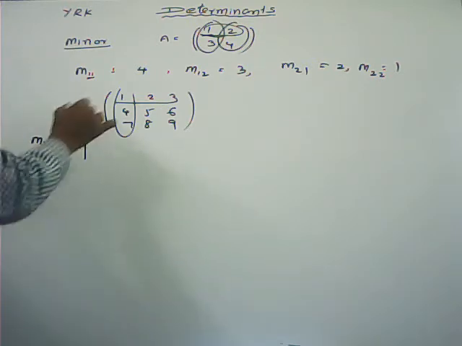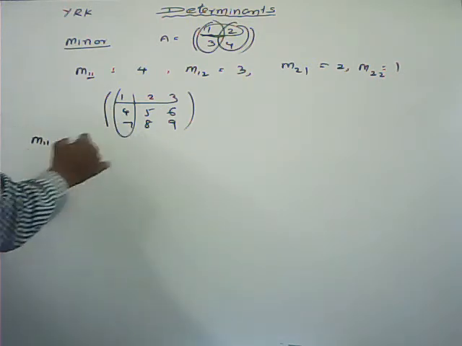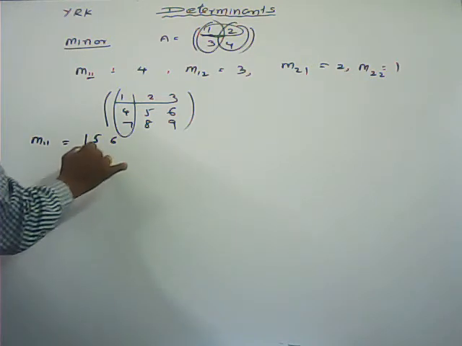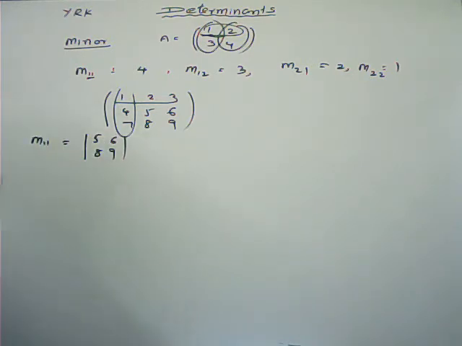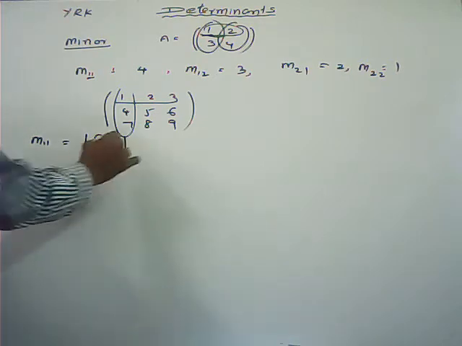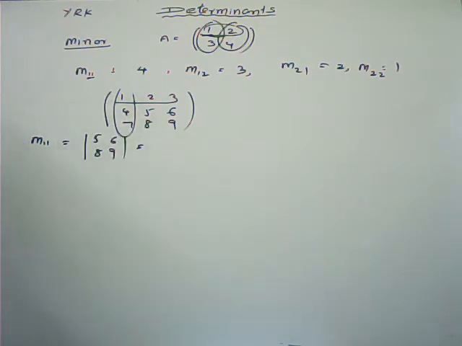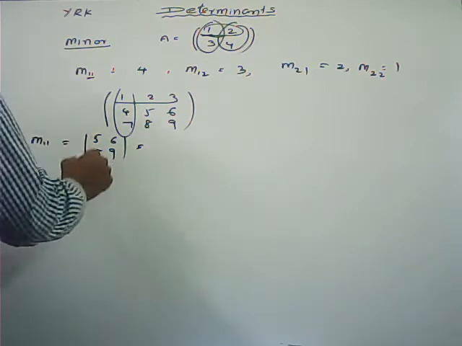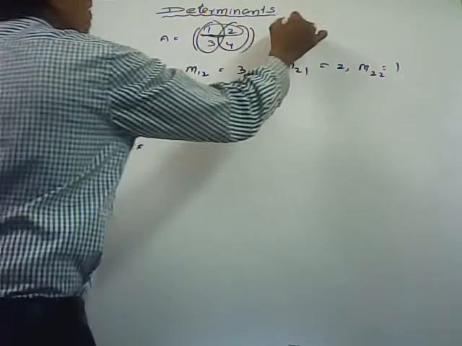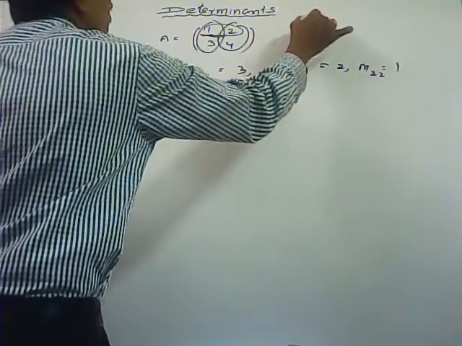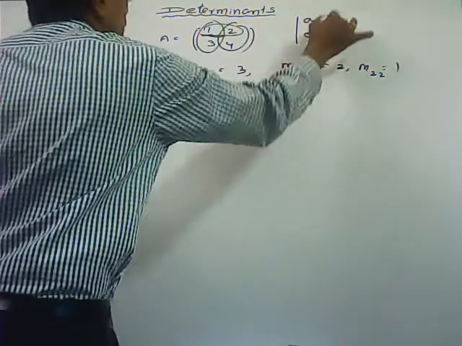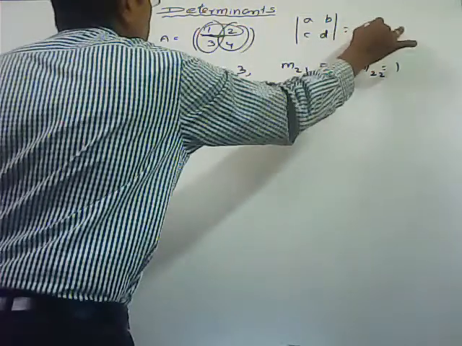So that is the determinant of 5, 6, 8, 9. What is the determinant of 5, 6, 8, 9? For a 2 by 2 matrix, remember this: A, B, C, D has determinant AD minus BC.